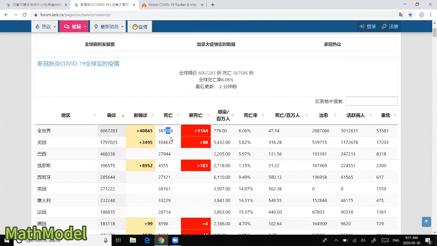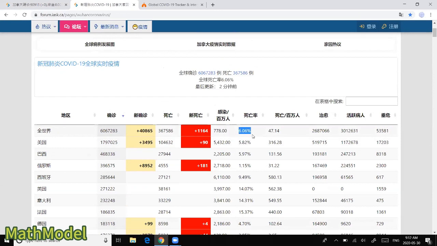And there's also swan death and new death, 1,164. And then we also have ganran per 1 million people. What this means is that for every 1 million people, 778 people are infected.